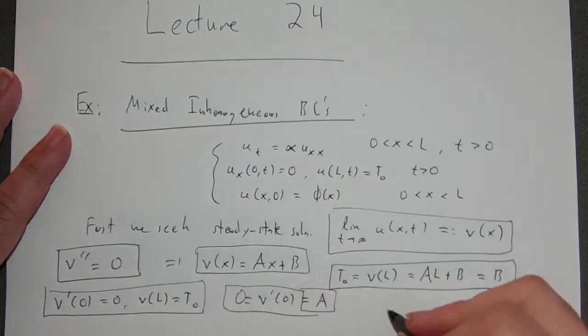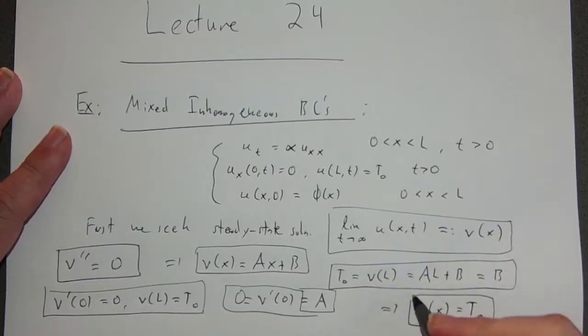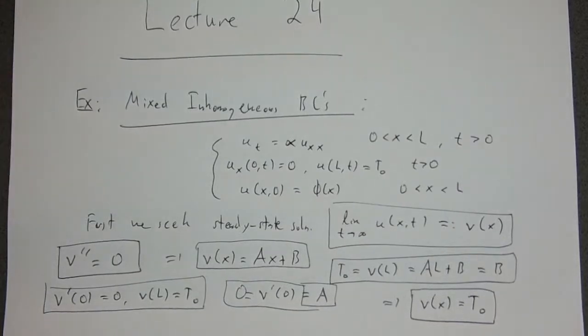And so all of this together tells me that v of x is the constant function T naught. That's my steady state solution.